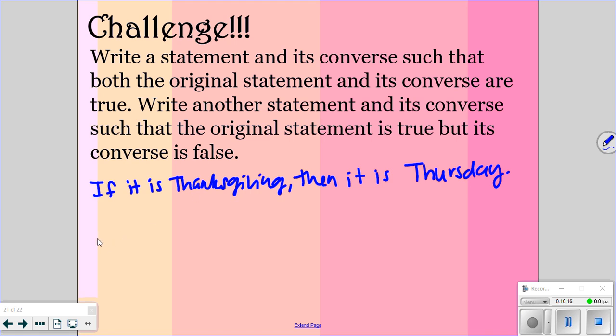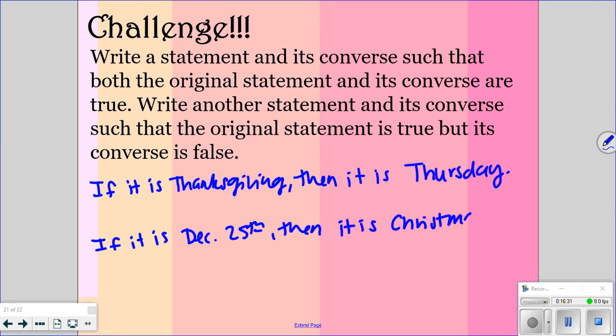One where it would be both true for the statement and the converse. If it is December 25th, then it is Christmas. That's a true statement, right? The converse of that would be, if it is Christmas, then it is December 25th. So that is also true. And so that would be an example where both your original and your converse are true.